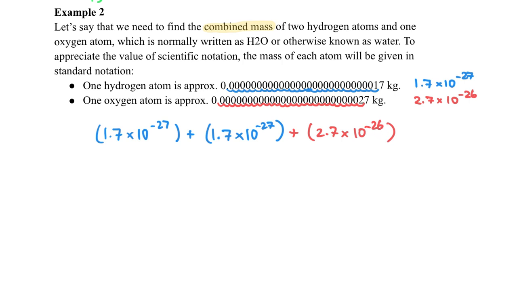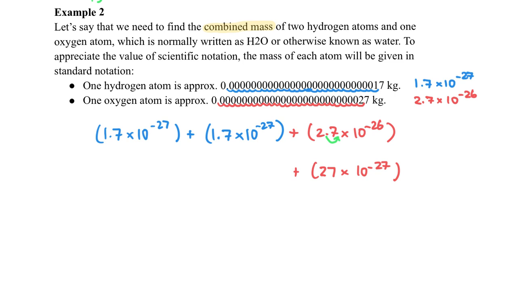I want to subtract 1 from the exponent. So in order to do that, I'm going to move the decimal point 1 place to the right. So that's going to give me 27 times 10 to the negative 27 power. These two are equivalent. 2.7 times 10 to the negative 26 is the same thing as 27 times 10 to the negative 27.